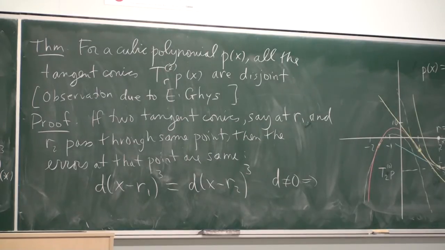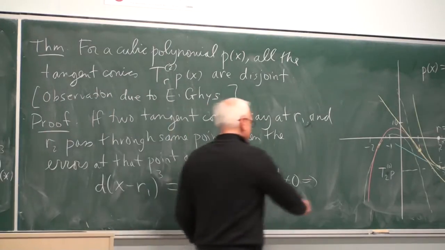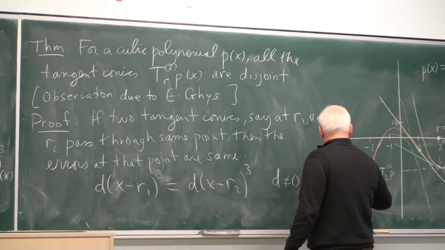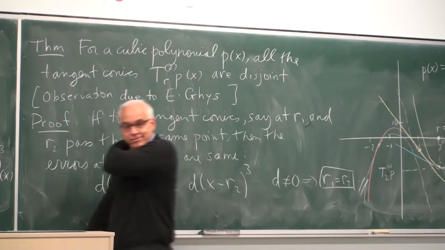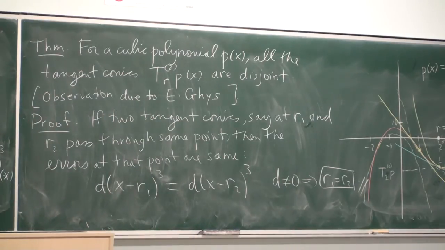And so therefore r1 has to equal r2. Well, if a tangent conic passes through a point, then it's the only tangent conic that passes through that point. It's not necessarily the case that every point has a tangent conic going through it. That's an interesting question.